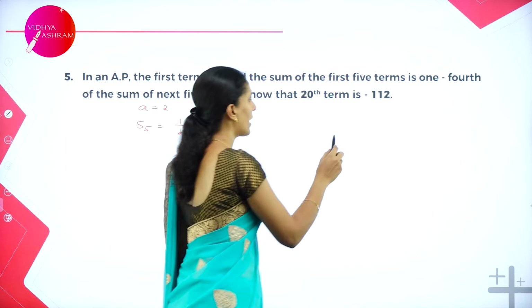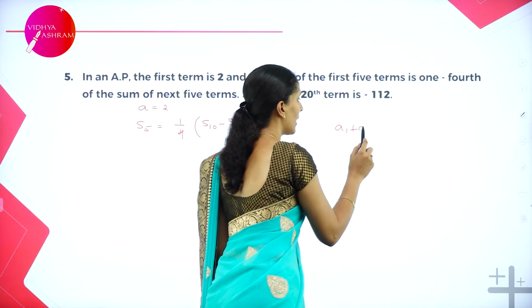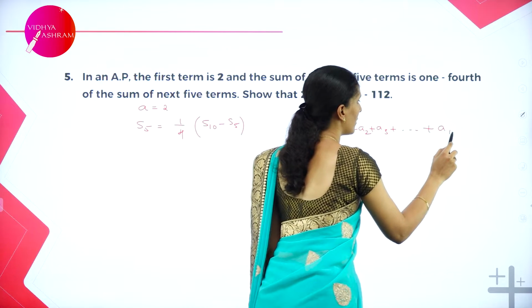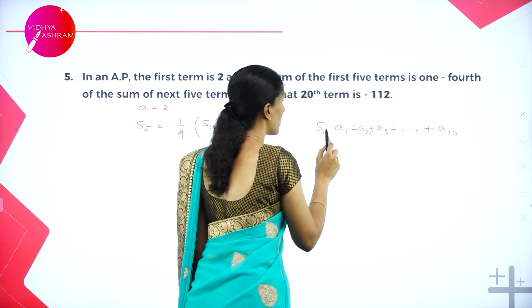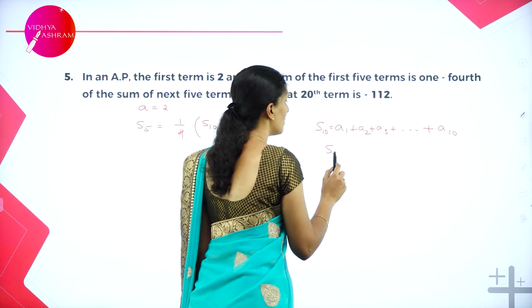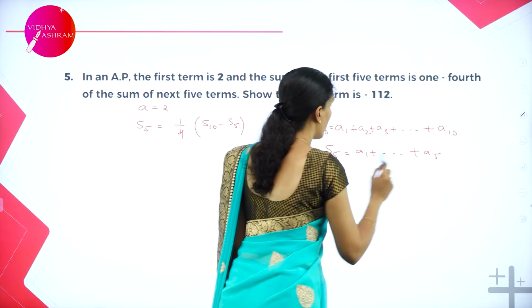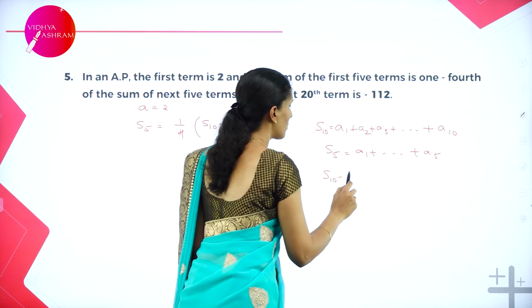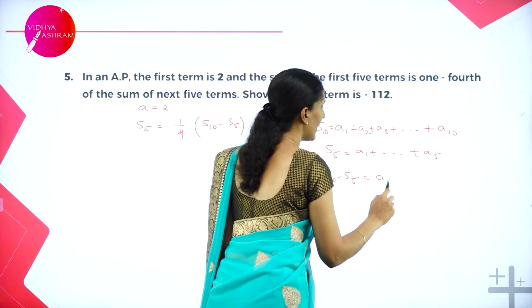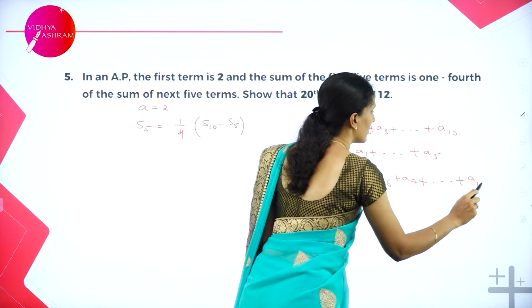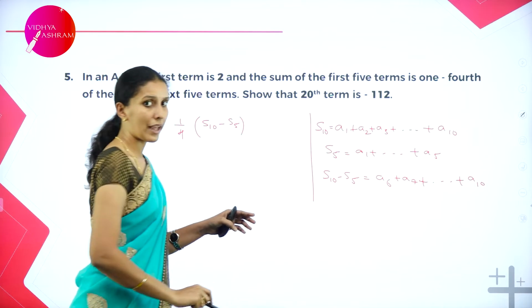So usually we write this as A1 plus A2 plus A3 plus etc. till A10. This is nothing but S10, sum of 10 numbers. So 5 numbers means A1 to A5. If you do S10 minus S5, you will get A6, A7, etc. till A10. So this is the logic I have used here.